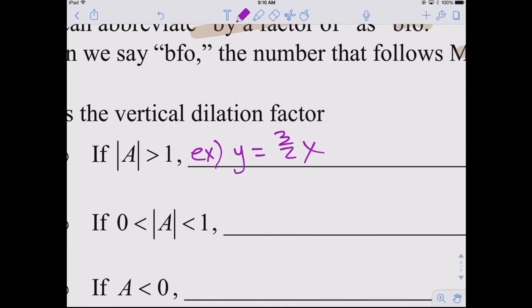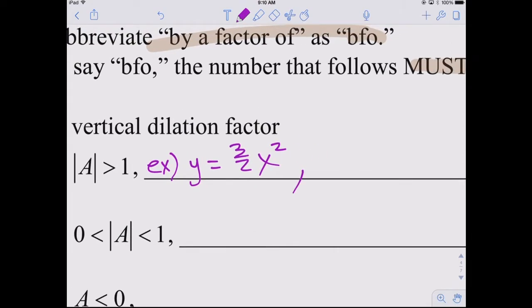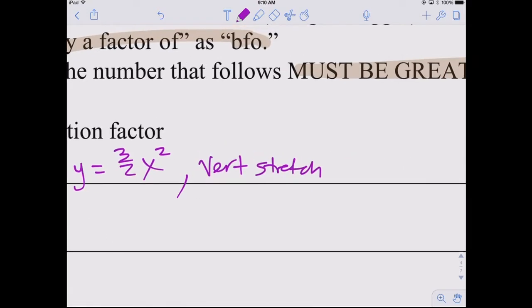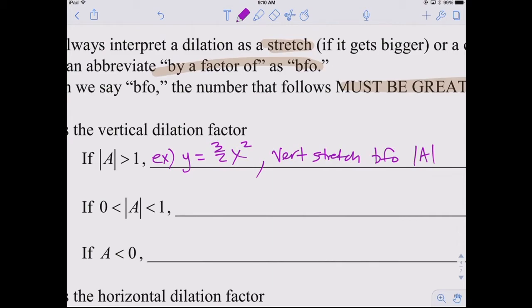We'll use x squared as an example. 3 halves is greater than 1, right? So that's going to be a vertical stretch by a factor of 3 halves. Or in general, by a factor of the absolute value of A. So what we're saying there is the graph is 1.5 times taller in our example.